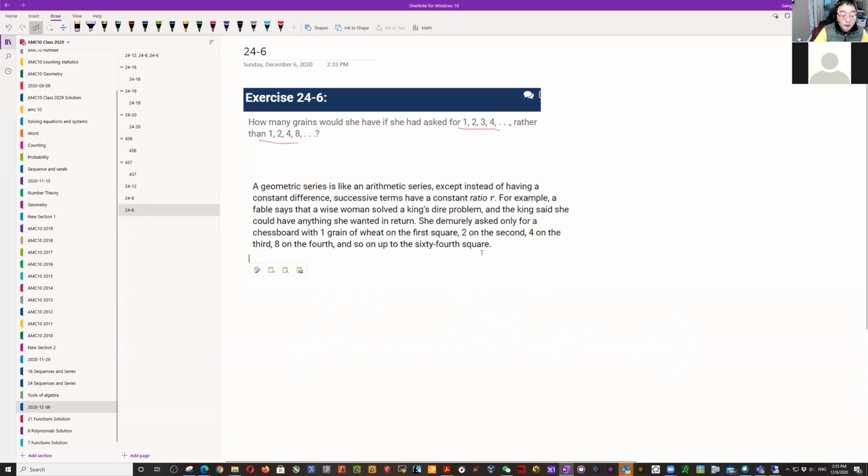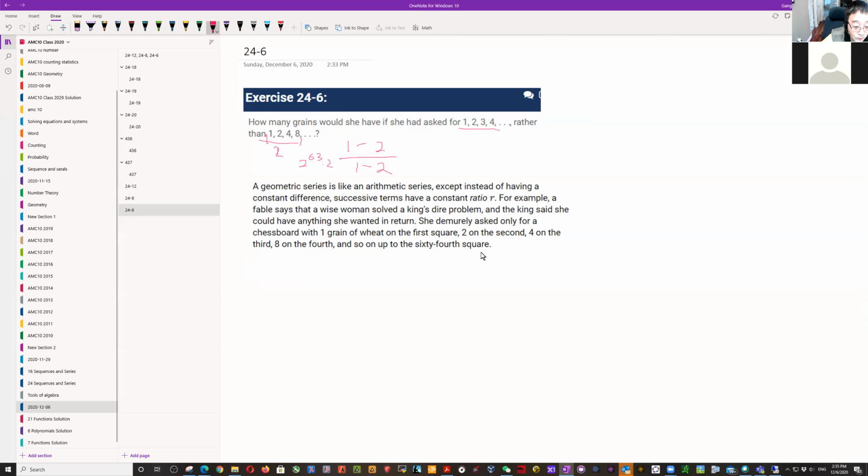So basically, this is a geometric sequence, and it's going to be a huge number. The ratio is 2. So the bottom is going to be 1 minus r, so 1 minus 2, and the top is going to be 1 minus the last term, which is 2 to the 63, multiplied by 2 again.